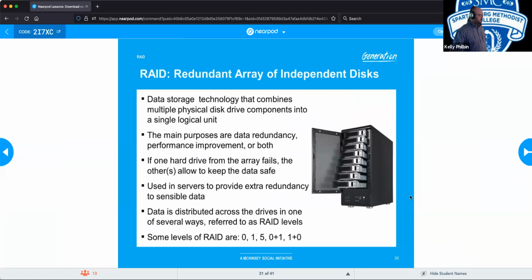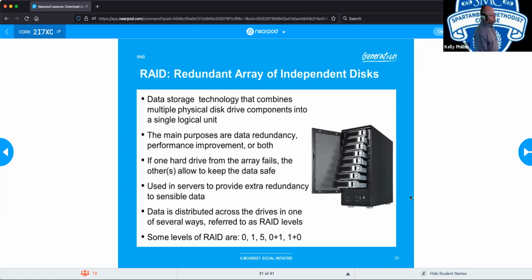All right. Now for the meat and potatoes of this presentation. RAID arrays, or a redundant array of independent disks. The other way you may hear it is a redundant array of inexpensive disks. Those are the two different ways that you may hear it explained. This is data storage technology that utilizes multiple disk drives and allows you to combine these components into a logical unit.